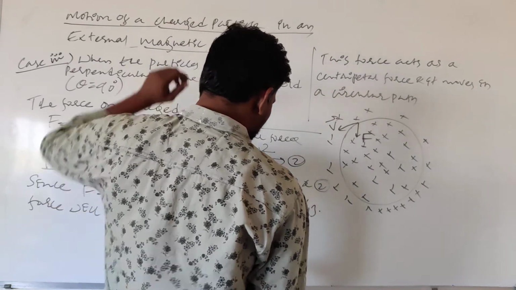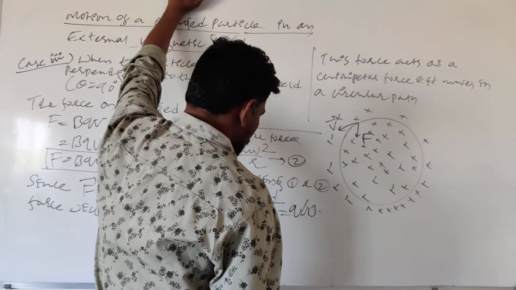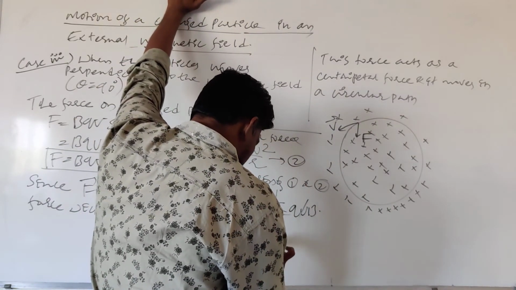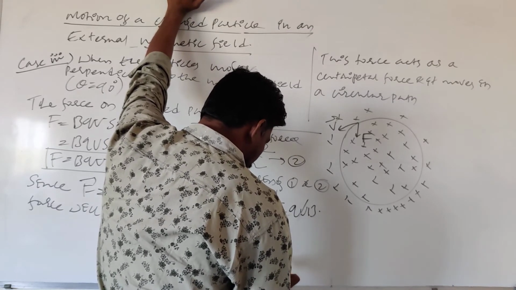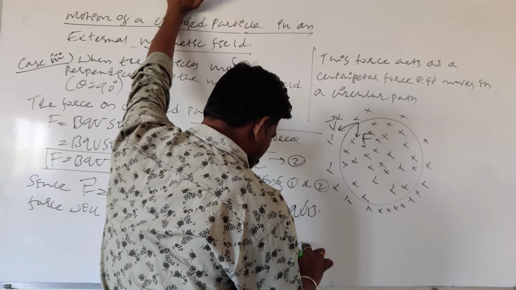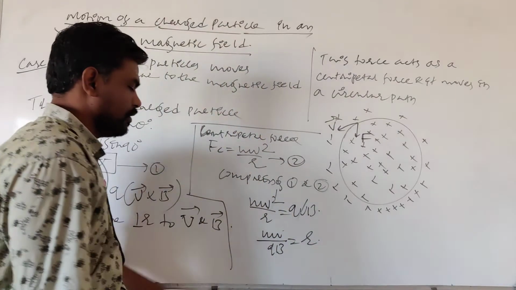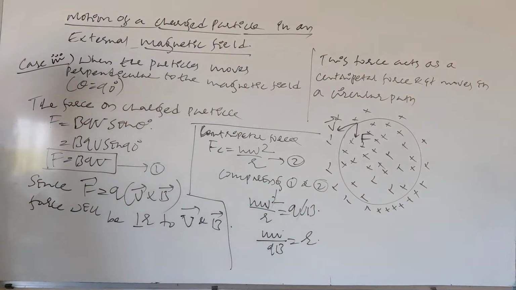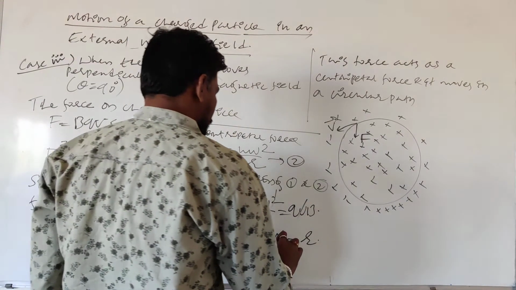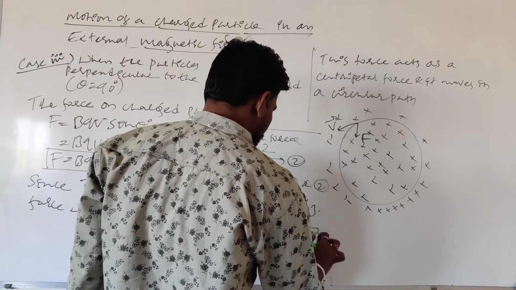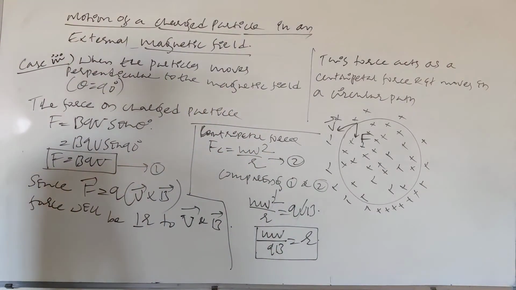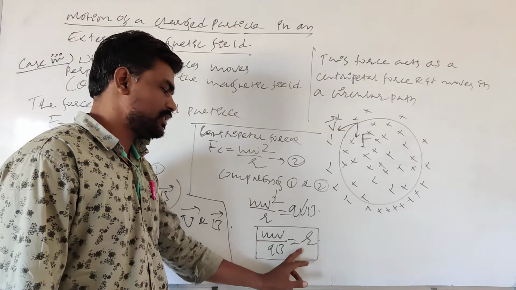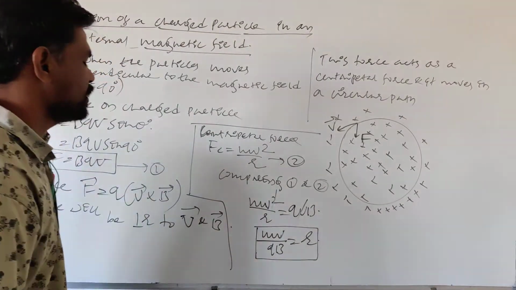So R is equal to mv divided by QB. This relation we found out here. This is the radius.